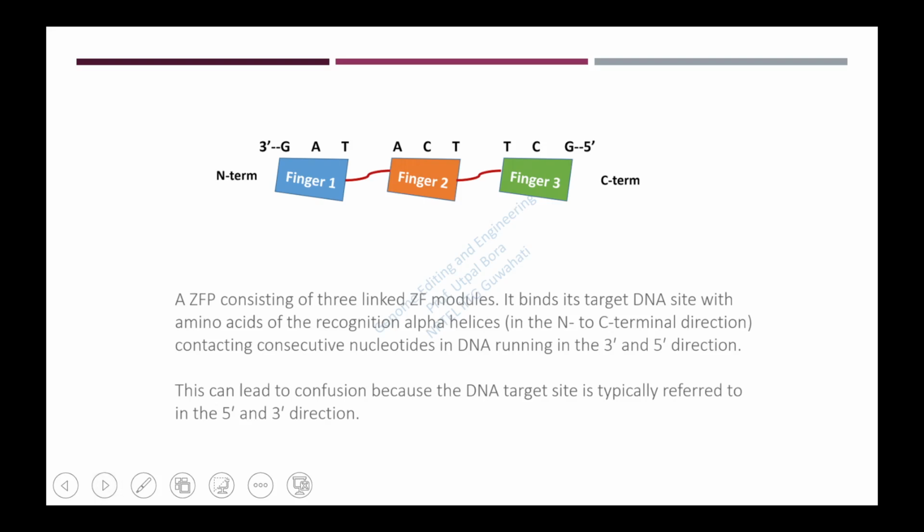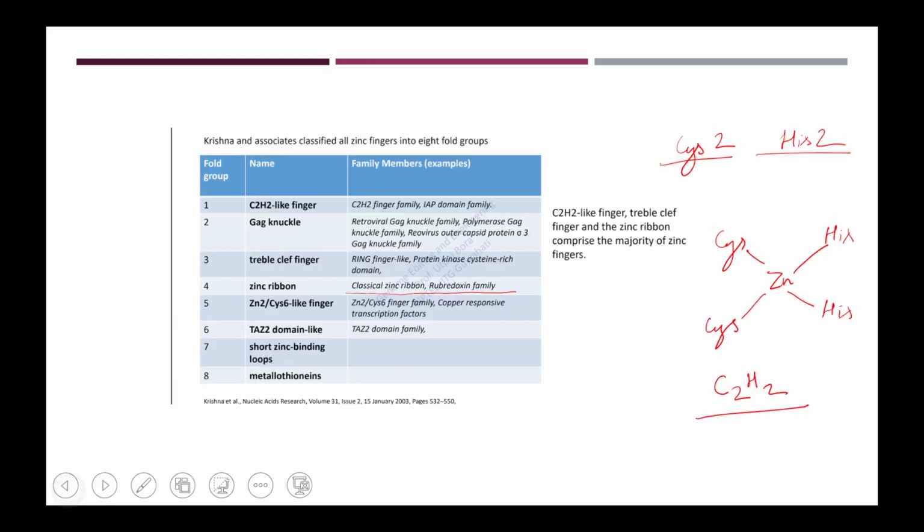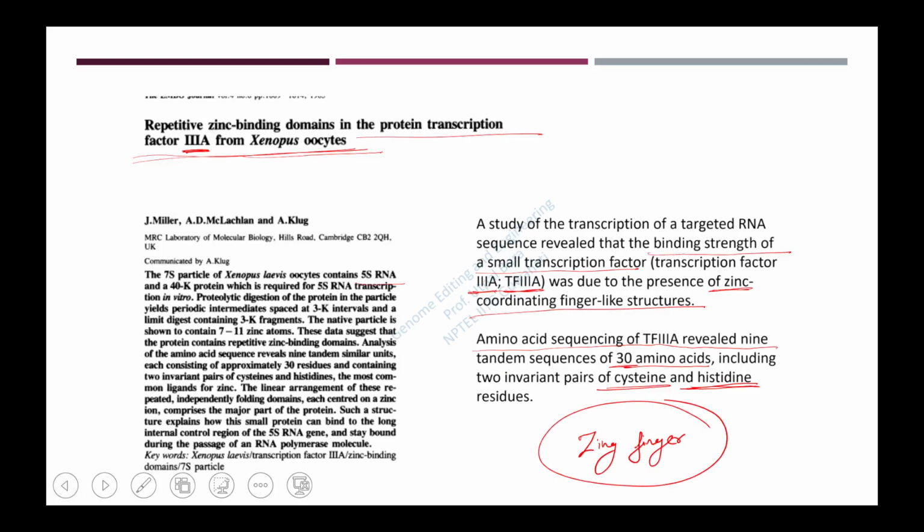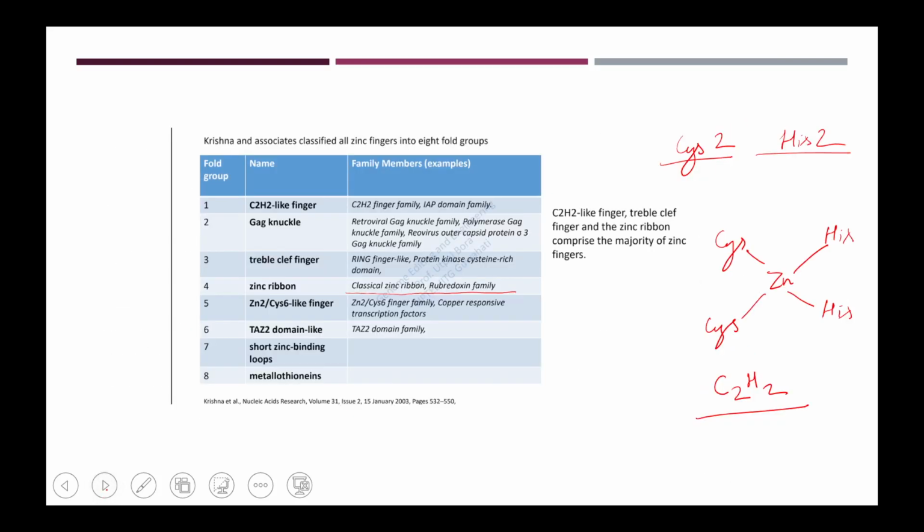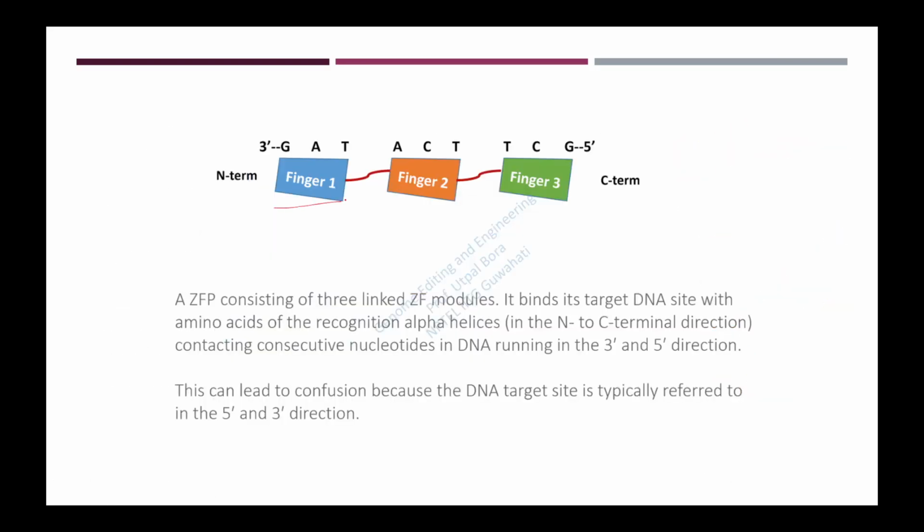Each of these fingers: in this particular paper it was reported that there are repetitive zinc binding domains, repetitive finger-like structures. So in one protein, suppose 1, 2, and 3 finger-like structures are joined together.